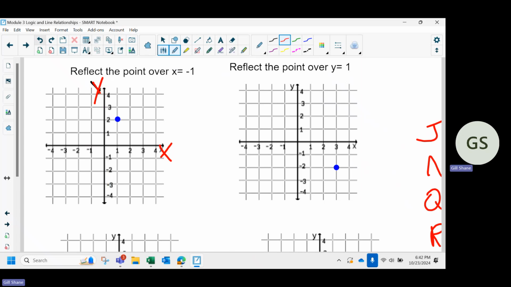So with that in mind, it sort of makes sense if you don't really think about it, but you should think through it. If it says reflect over x equals -1, you might think, okay, well, if the x-axis is horizontal, if it's flat, x equals -1 is going to be flat. That is not correct.